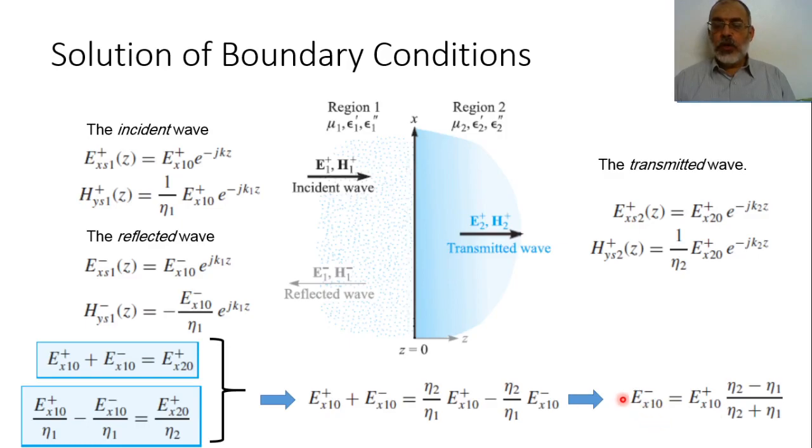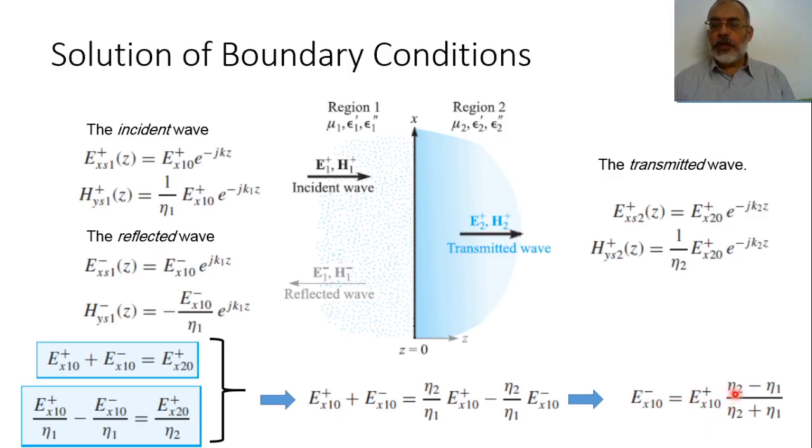Now we succeeded in obtaining the value of the reflected field in terms of the value of the known incident field. So this unknown value in terms of this known value. Or in other words, we can define the reflection coefficient as the ratio of the reflected electric field to the incident electric field, Ex minus over Ex plus.